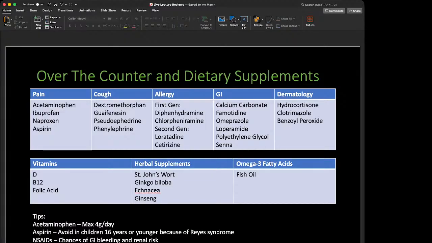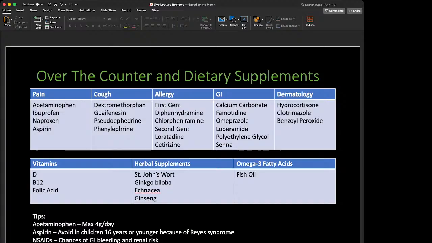Just helping them understand that as well. Aspirin should be avoided in children 16 years or younger because of Reye's syndrome. And NSAIDs might increase the risk of GI bleeding and renal problems, because they constrict the afferent arterioles of the kidney.